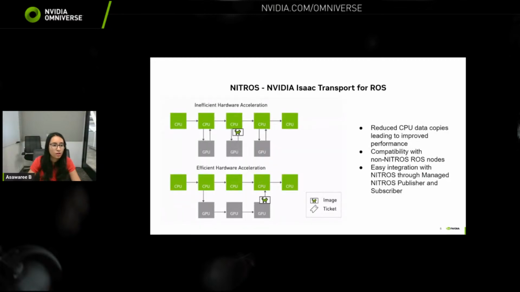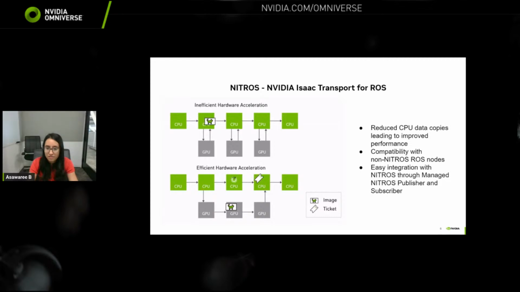Okay, so a quick overview of Nitrous, or NVIDIA Isaac Transport for ROS. This is NVIDIA's implementation of two hardware acceleration features that were introduced with ROS2 Humble. The first is called type adaptation, and the second is called type negotiation. Type adaptation and negotiation let different ROS nodes in a particular pipeline work together efficiently. Say you have an image resize node, then an inference node, and then something that decodes your output, a pipeline of three ROS nodes.